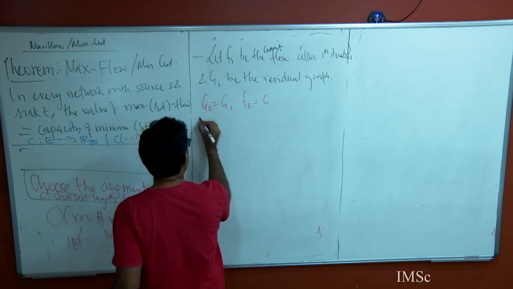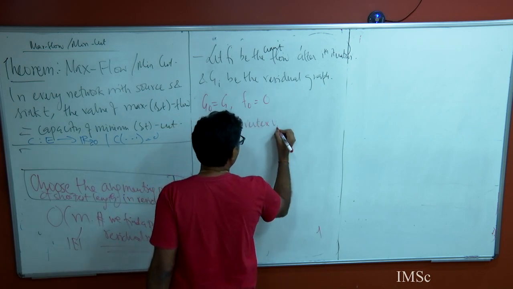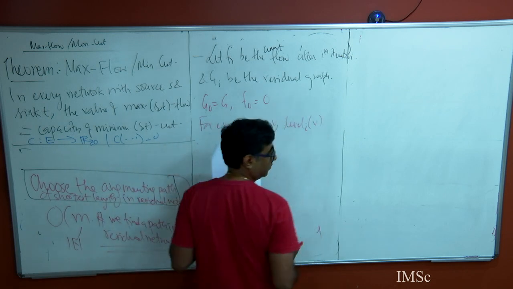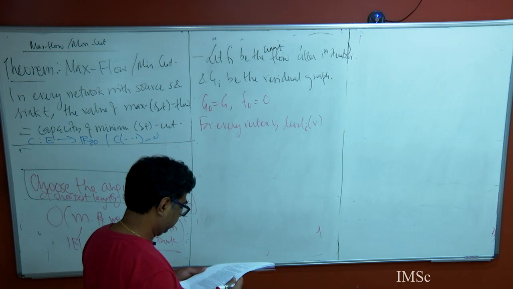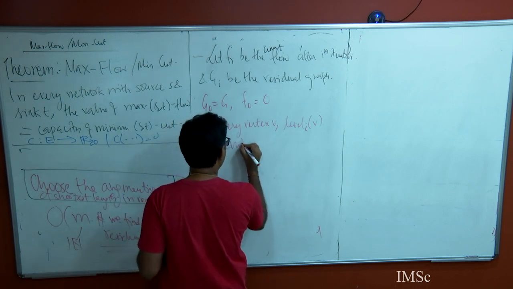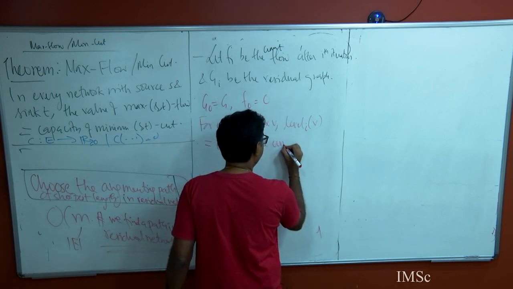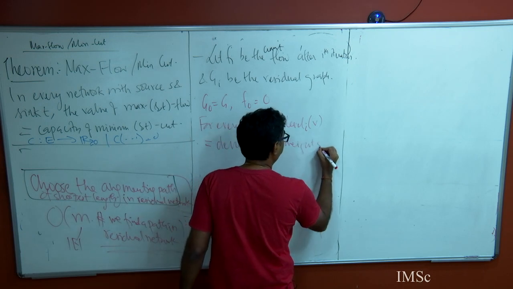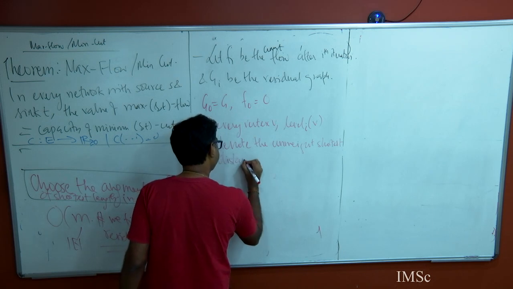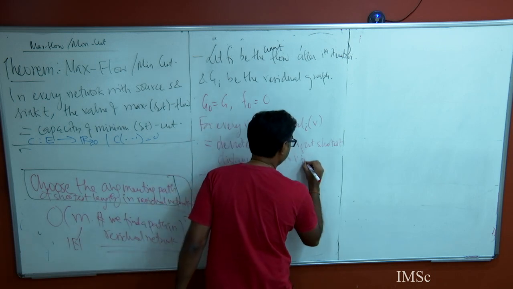So for every vertex V, what is the level of V in Gi? This is equal to the unweighted shortest distance from S to V in Gi.